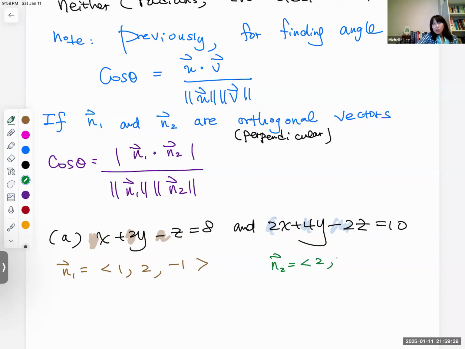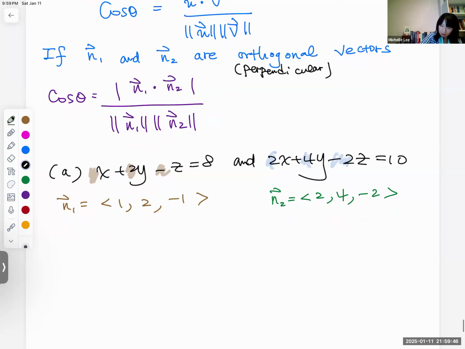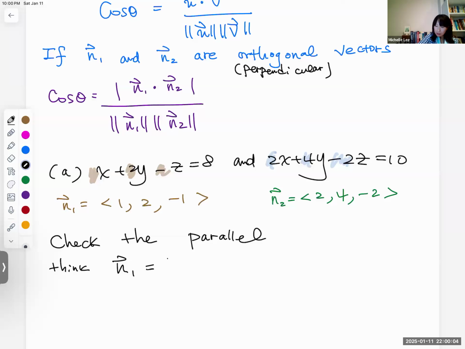Let's check for parallel. Can you please think? The first vector is a scalar multiple of the second vector, or the second vector is a scalar multiple of the first vector.